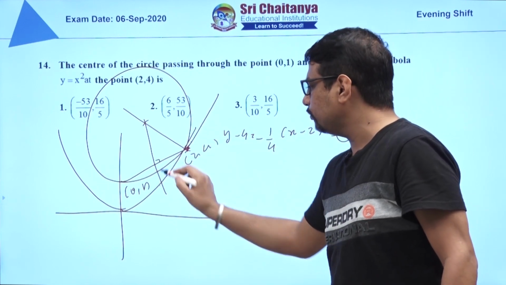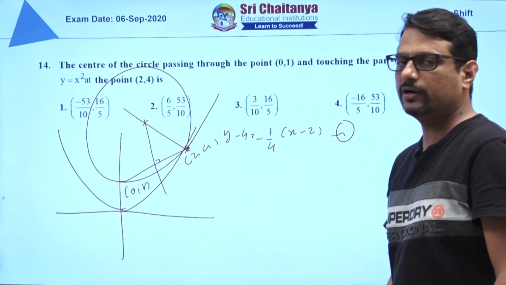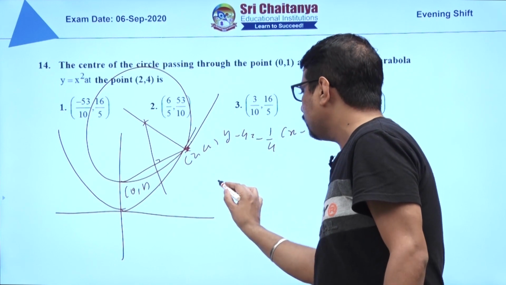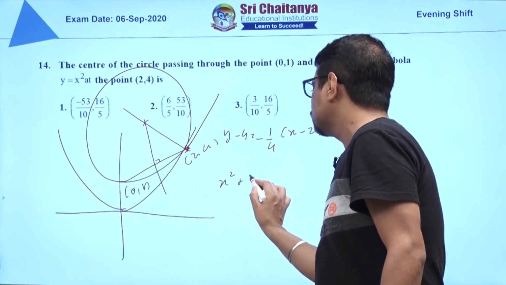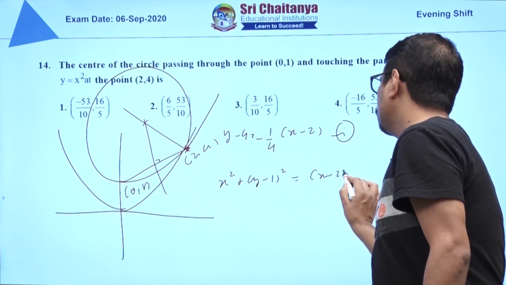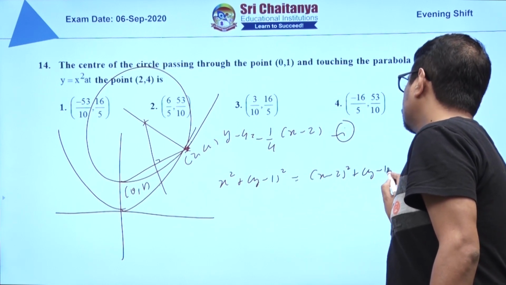Perpendicular bisector, again two methods. You can equate the distance from 0, 1 and 2, 4, or you can find the midpoint and slope. So if you equate distance, it will be x minus 0 whole square plus y minus 1 whole square is equal to x minus 2 whole square plus y minus 4 whole square.